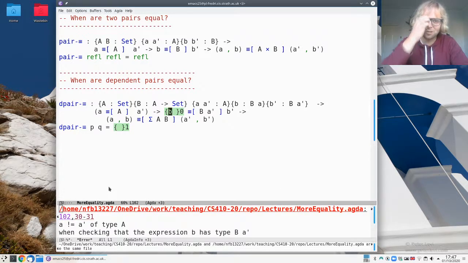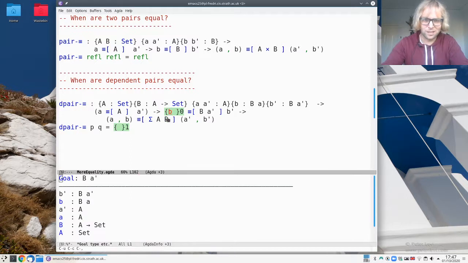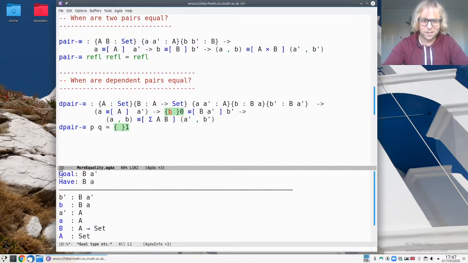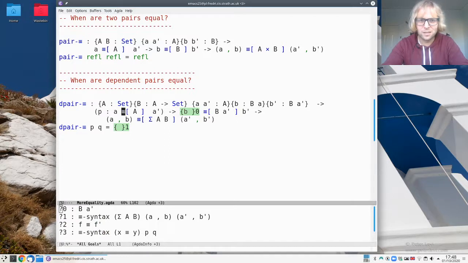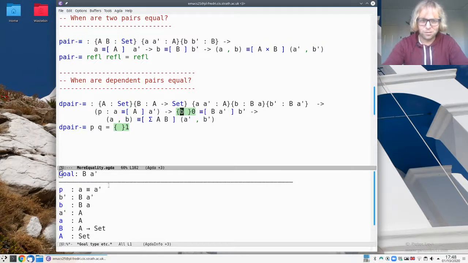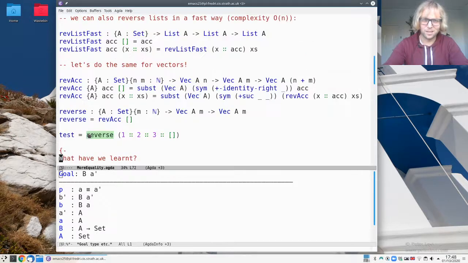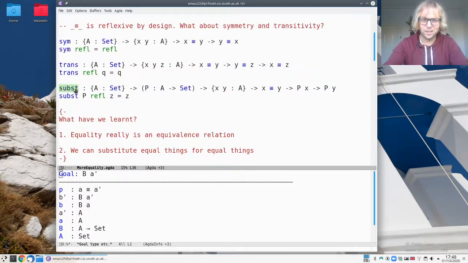So what can I do? Well, these two types are not obviously the same, but I do have a proof which says that they are the same. So if I name that, calling it p, then I could use that proof to substitute the b prime to make it go into the right thing, because that's exactly what subst is doing.